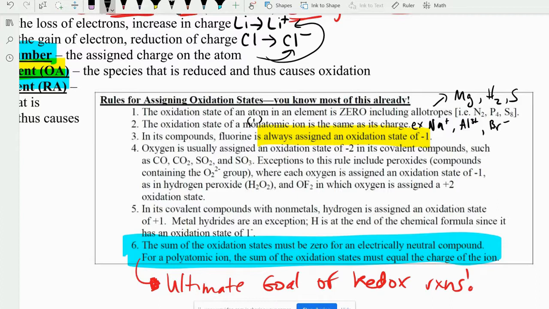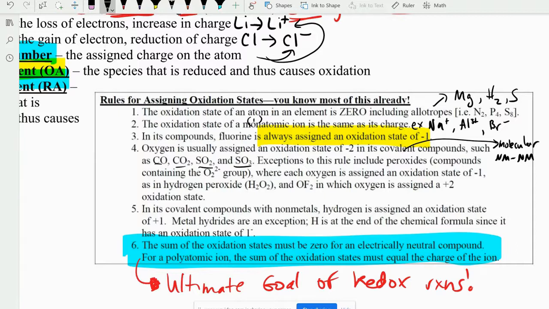A covalent compound is also the same thing as a molecular compound, and what is that? Nonmetals bound to other nonmetals. So here are examples: carbon monoxide, carbon dioxide, sulfur trioxide. You can see that the oxygen in this case is always bound to another nonmetal, and therefore those oxygens would have an oxidation state of -2.